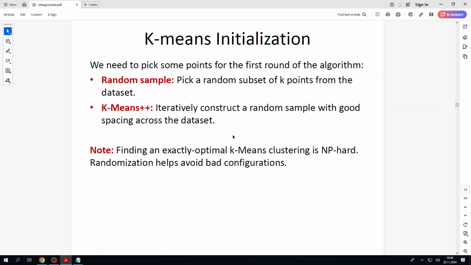You may even choose 2 points that are nearby if you are unlucky. Another, smarter approach is using k-means++, which iteratively constructs a random sample, but also evaluates the distances between all these centroids.